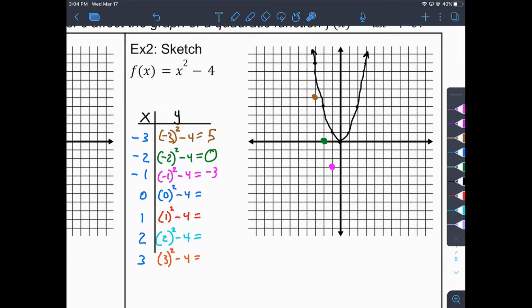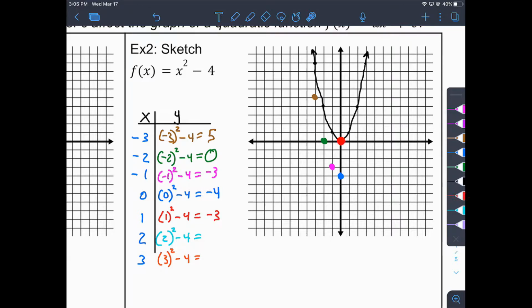0 squared. Well, 0 squared is still 0, and when we minus 4, that is -4. So 0 means we didn't go left or right, but we go down 1, 2, 3, 4. Next one, in red. 1 squared is 1, and when we minus 4 from it, 1 minus 4 is -3.